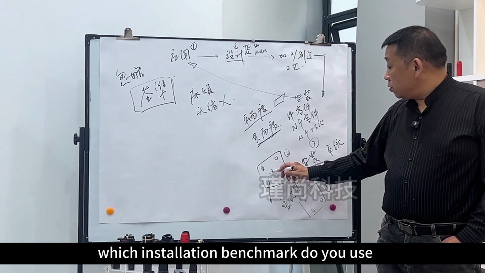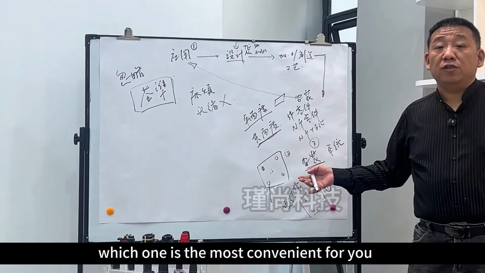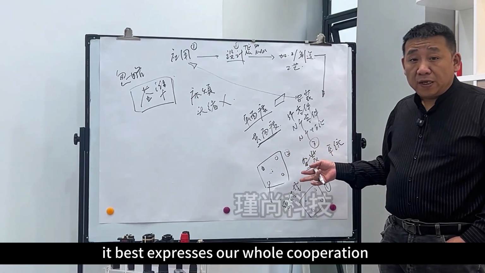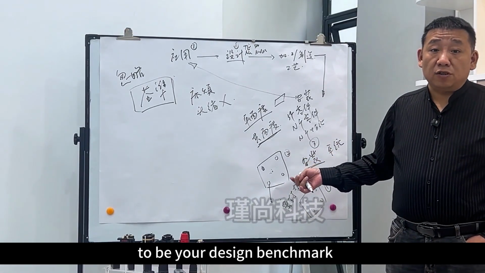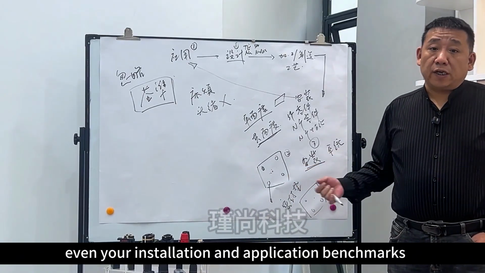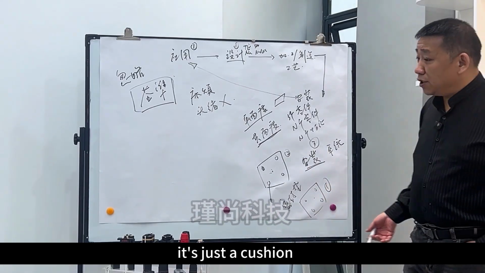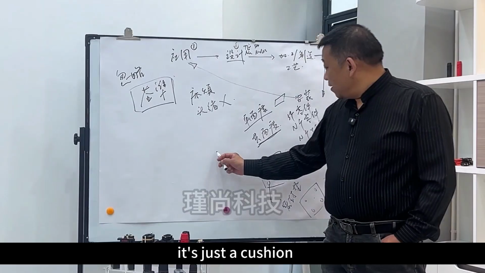Which installation benchmark do you use? Which one is the most convenient for you? It best expresses our whole cooperation, to be your design benchmark, your manufacturing benchmark, even your installation and application benchmarks. It's just a cushion.